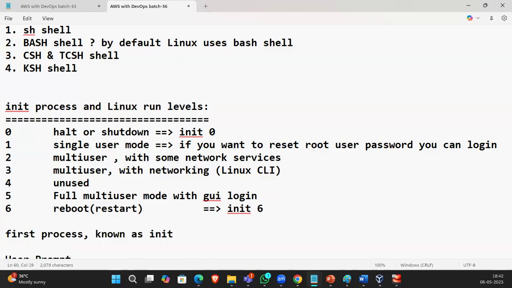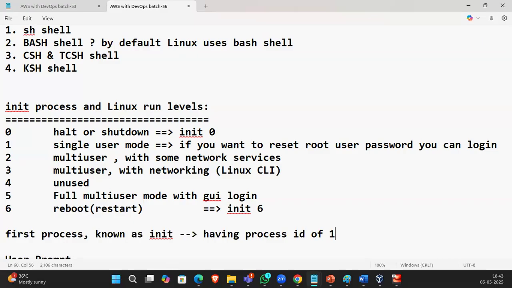The first process is init, and it has the process ID of one. The kernel itself has the process ID of 0, which cannot be displayed by using the ps command. What is the first process, guys? The first process is init.